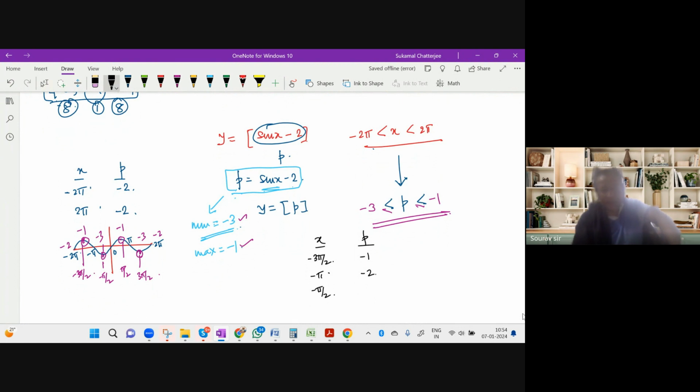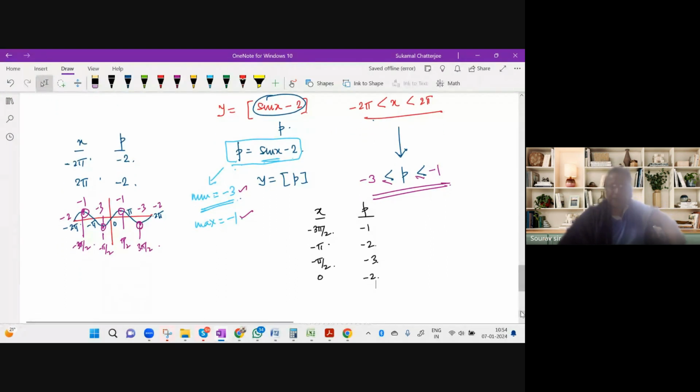P would be minus 3. Then x is 0. Then P would be minus 2 again. Then x is plus pi by 2. P would be minus 1.